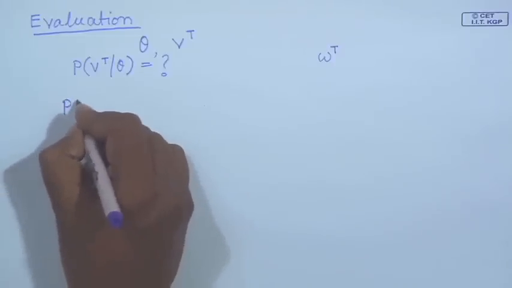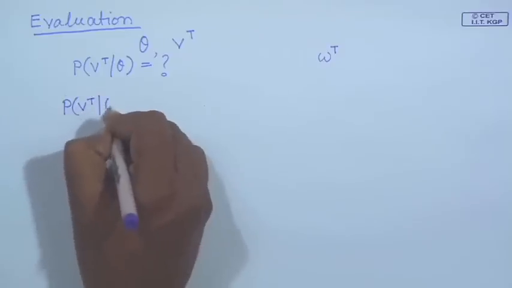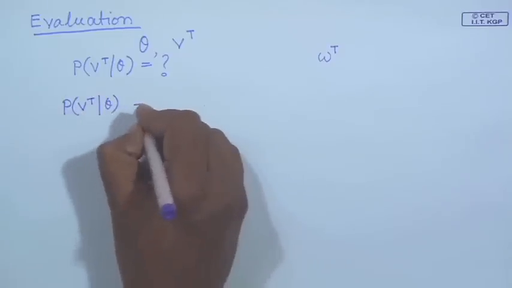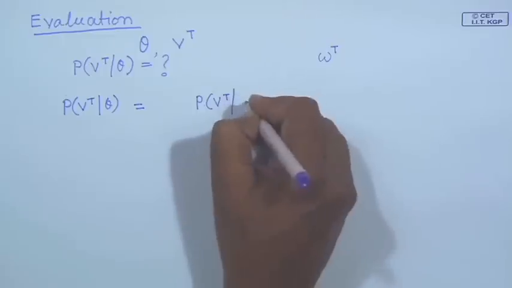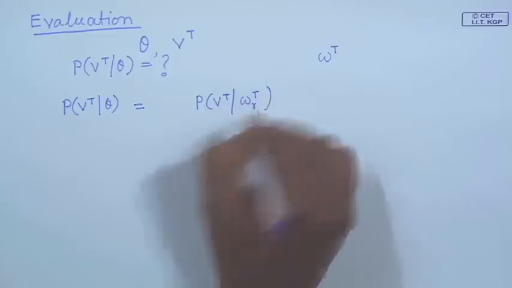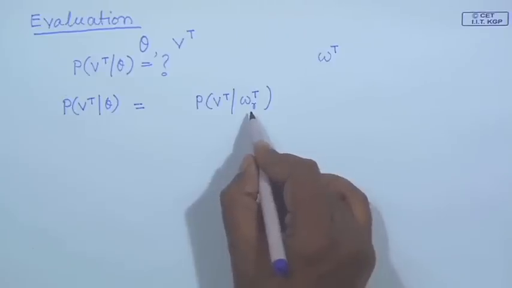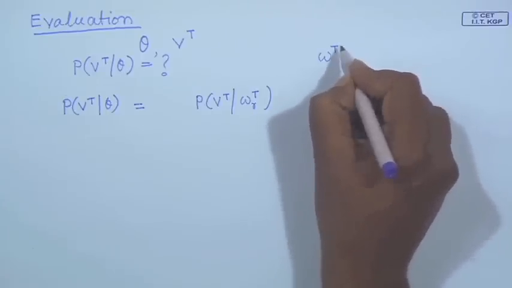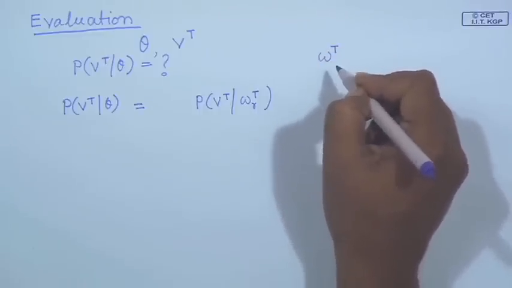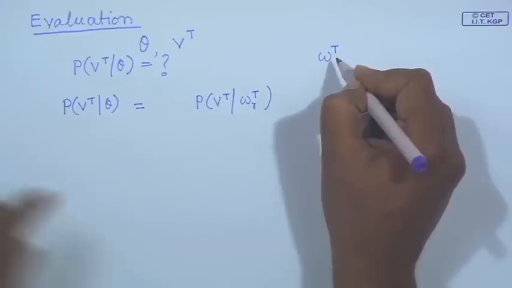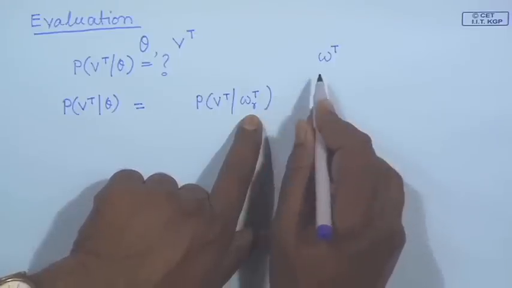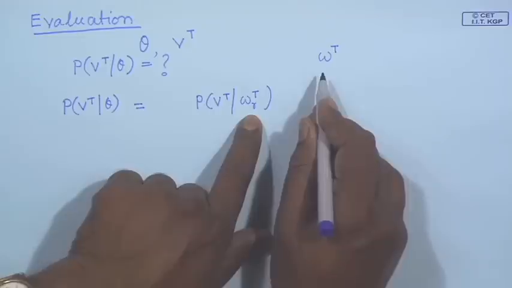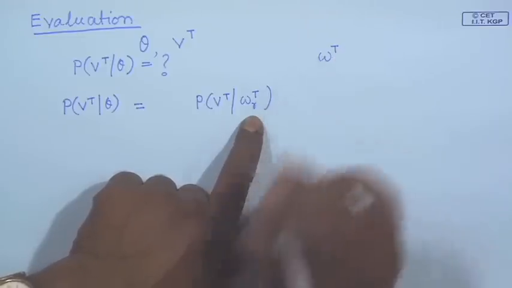So, in a crude form, this P(V^T | theta) can be estimated as follows. I can find P(V^T | omega_r^T). Why am I writing omega_r^T? Because I want all possible sequences of hidden states of length capital T, and this index r indicates one of those possible sequences.